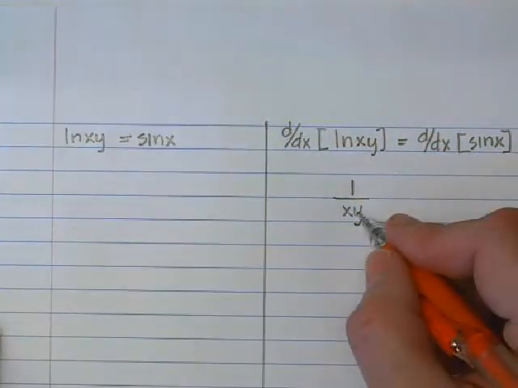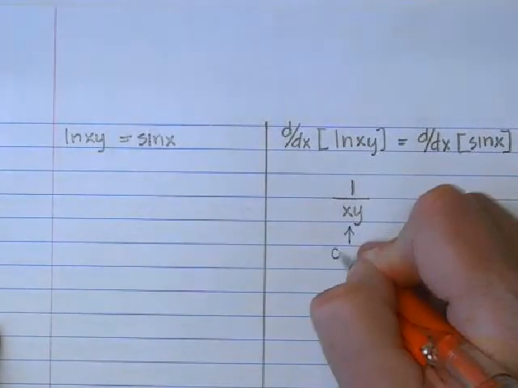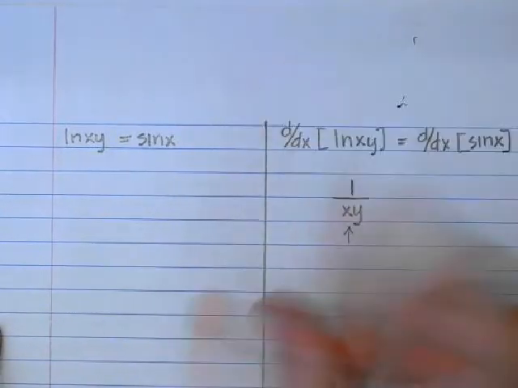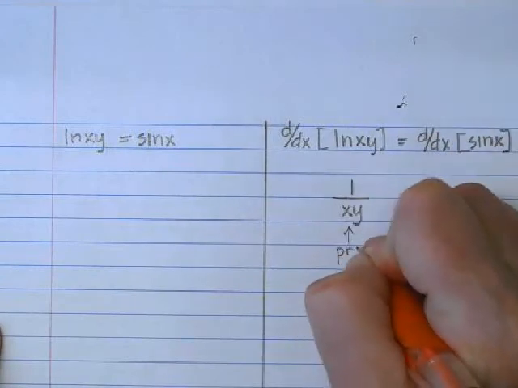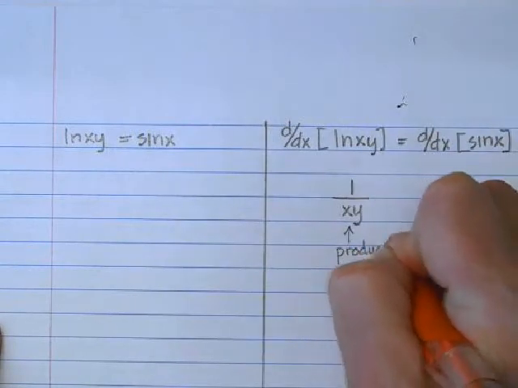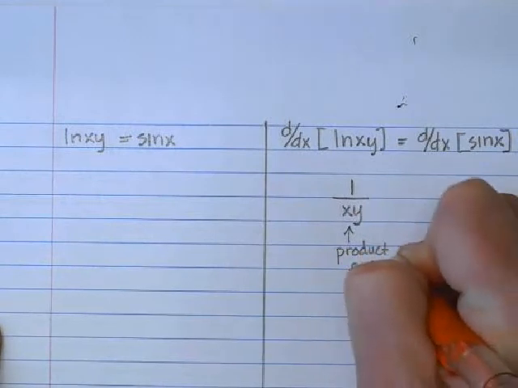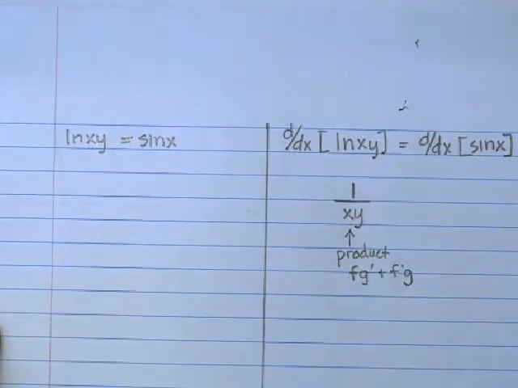Okay, so when we differentiate the baby, we got to do, not the chain rule, we already did the chain, we're going to do the product rule. Okay, so if I go fg prime plus f prime g.